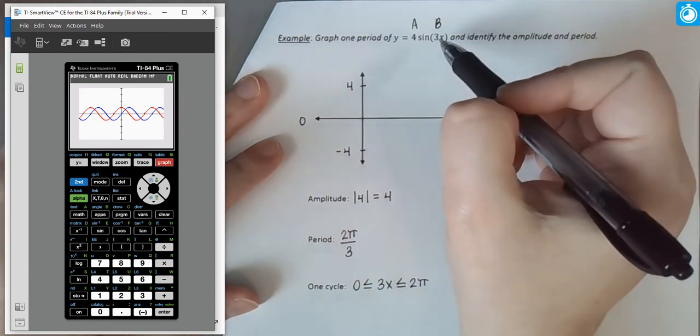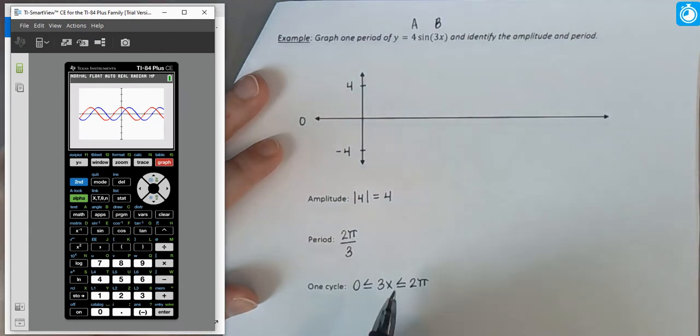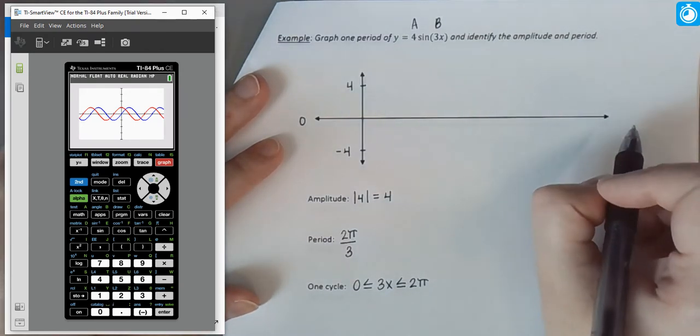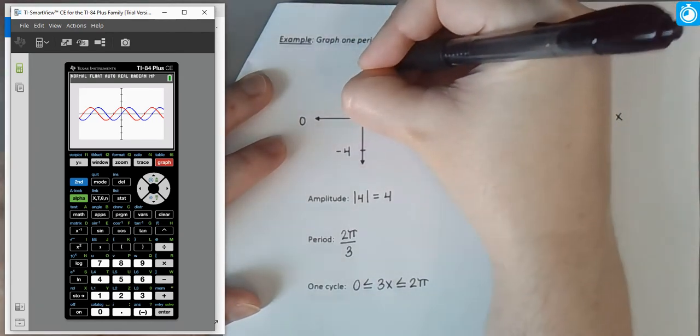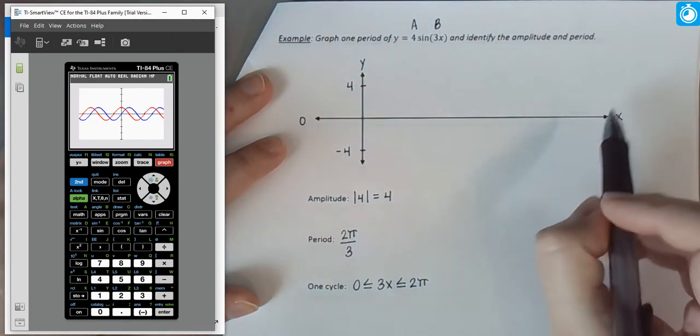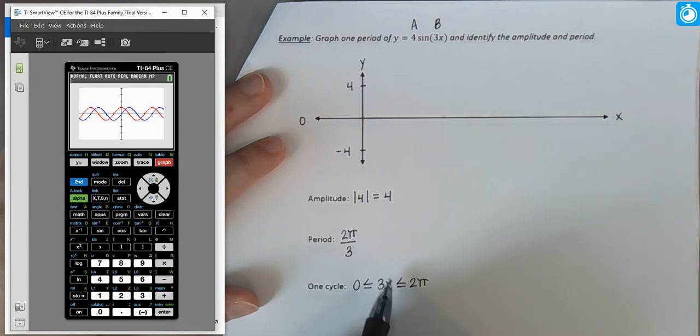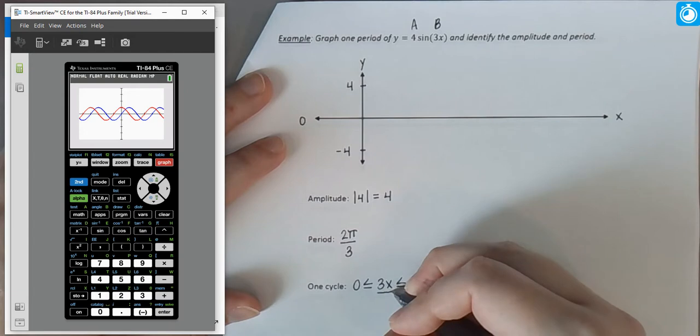Well, what we want to know is, based on our actual input, what's going to be the effect on our variable x, since we're graphing with respect to x. So this is x, this is y. We're graphing with respect to x. So what is the impact on the actual value x, what we're graphing with respect to?